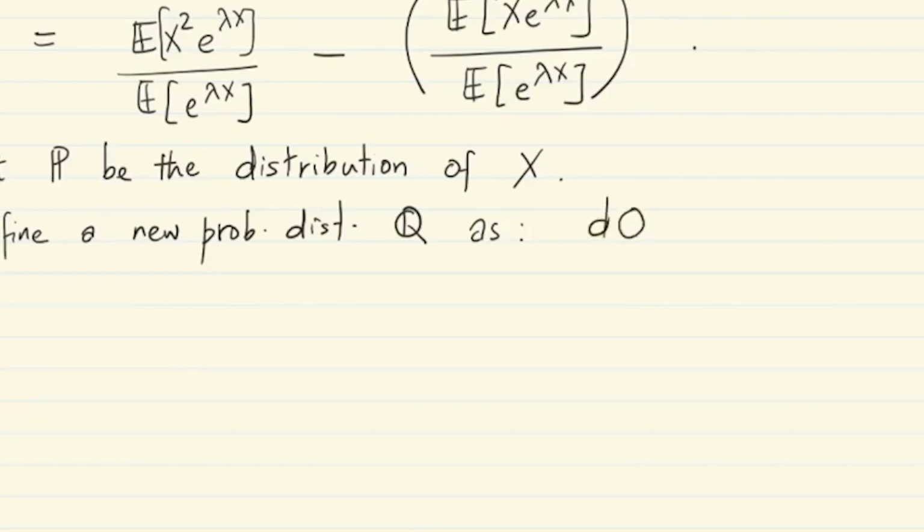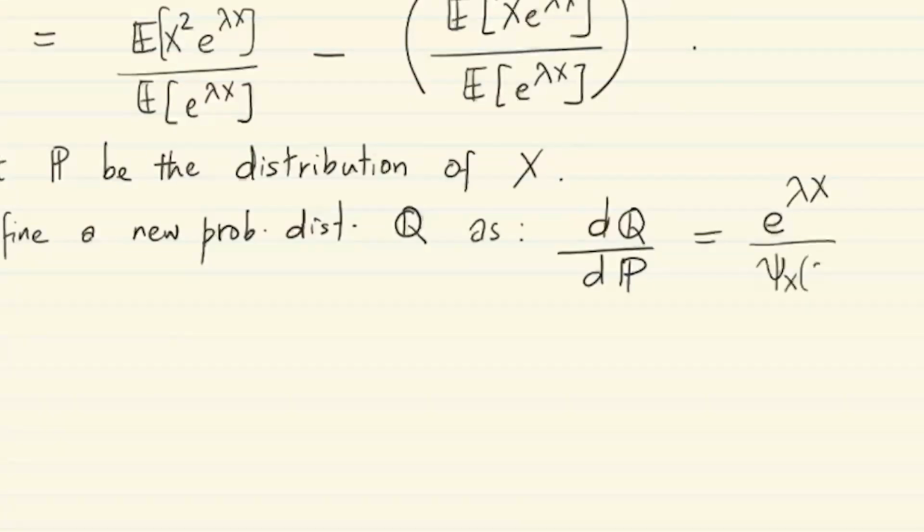We'll say the ratio of Q by P at every sample point is e raised to lambda x, x being the value of the random variable, divided by c_X of lambda to make it a valid probability distribution, that is, to make it sum to 1.